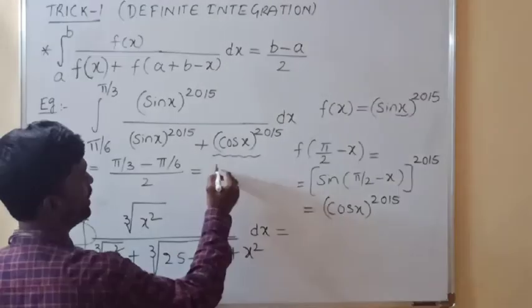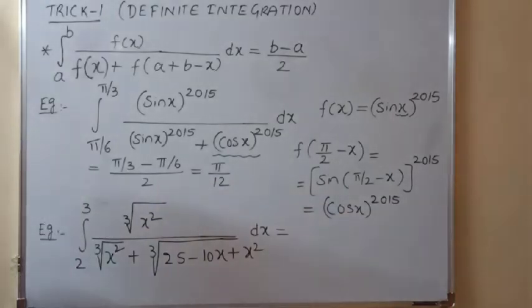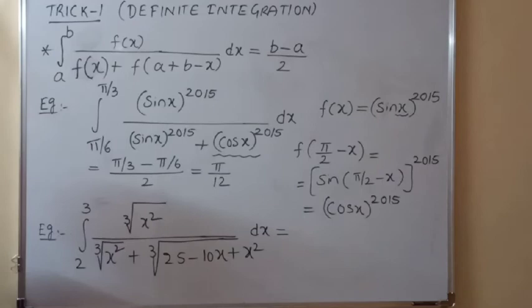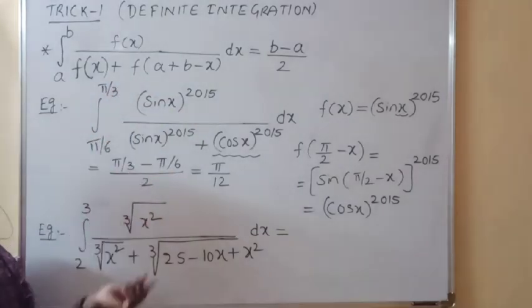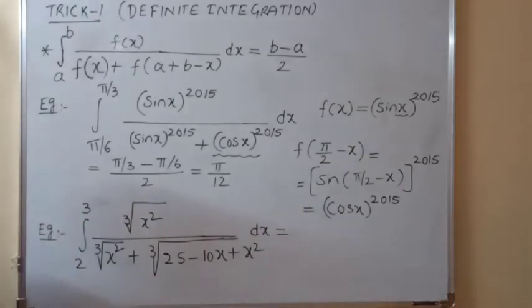Pi by 6 divided by 2 is pi by 12, since 6 twos are 12. That was the answer. If you know this trick, hardly 5 seconds were taken to solve this problem.